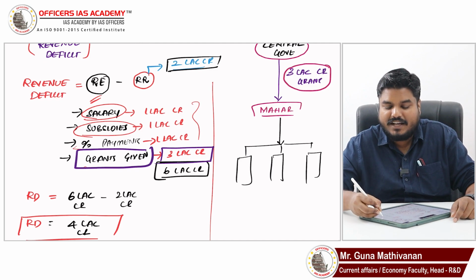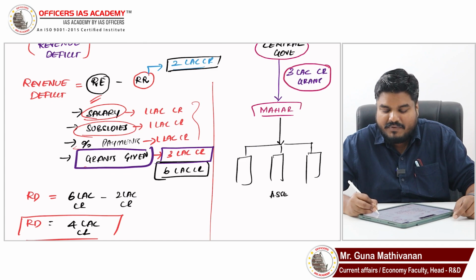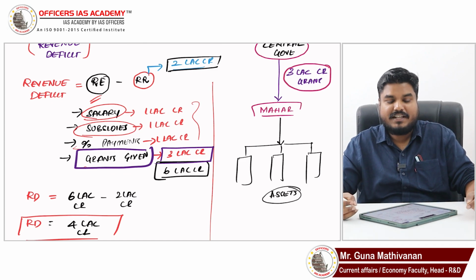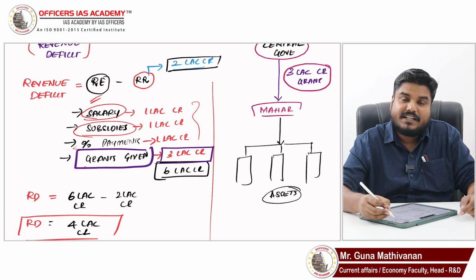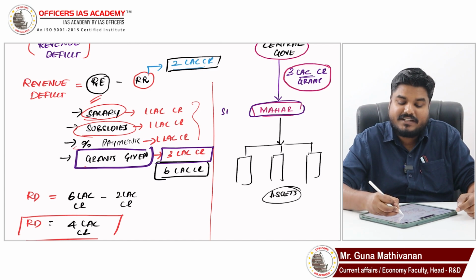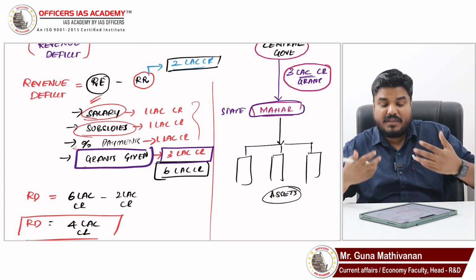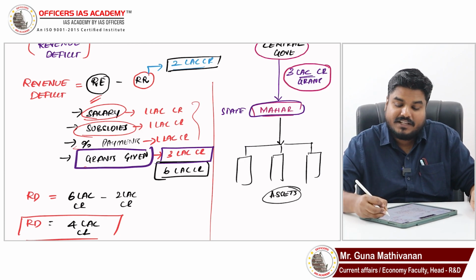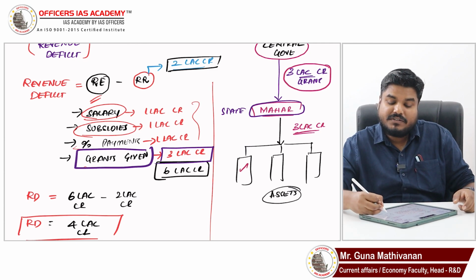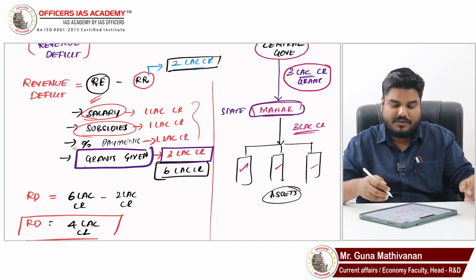They are constructing schools, colleges. So assets have been created. What is my assumption? The central government is giving 3 lakh crore rupees grants to a state, Maharashtra, and Maharashtra is using the entire amount received for building assets. This is my assumption.